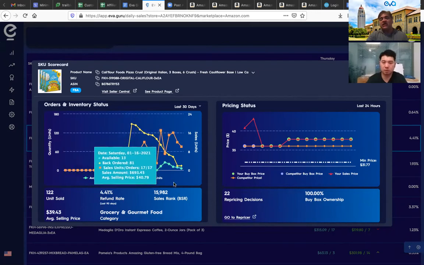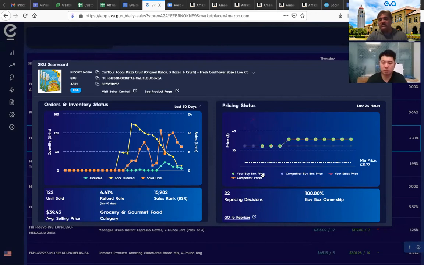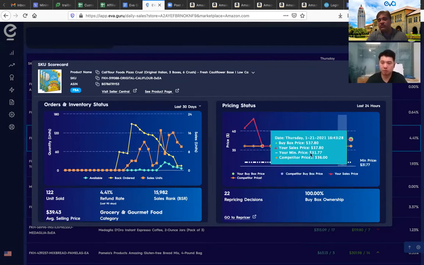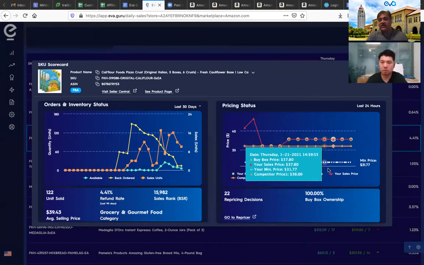But the most exciting part is what's going on with the repricing, where you see the buy box, the competitor buy box, where the competitor was winning it before, and then Eva started winning it. You see 100% buy box ownership over the last couple of hours.